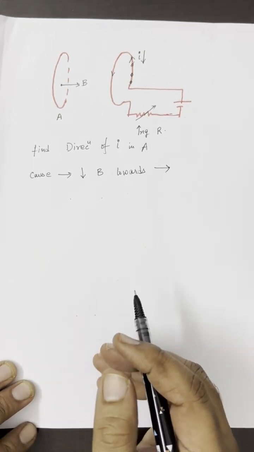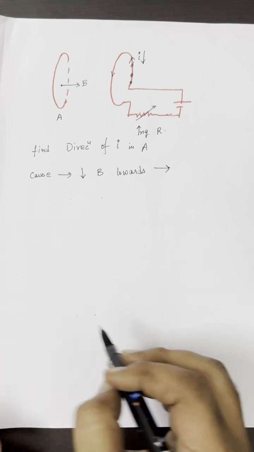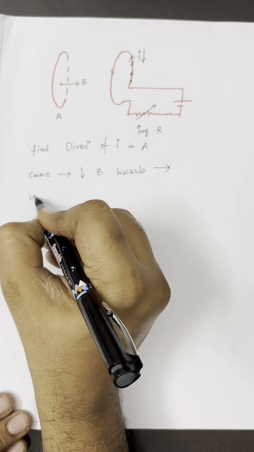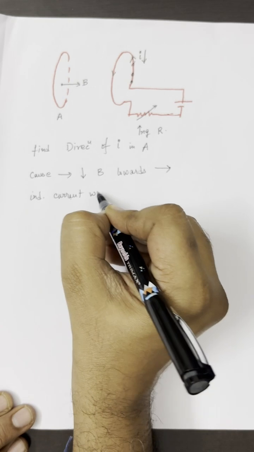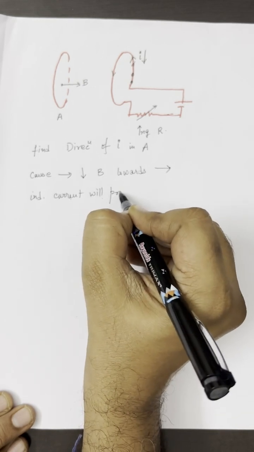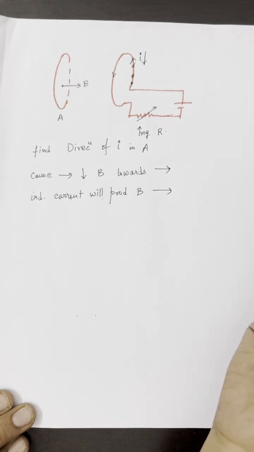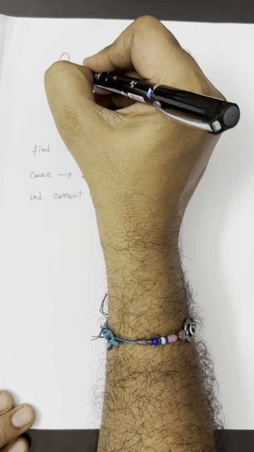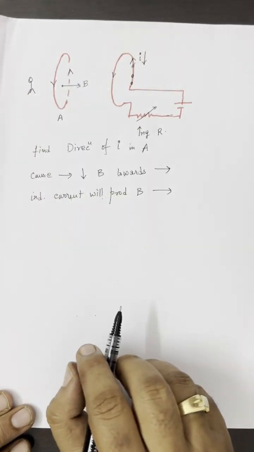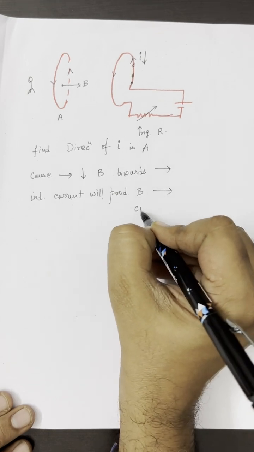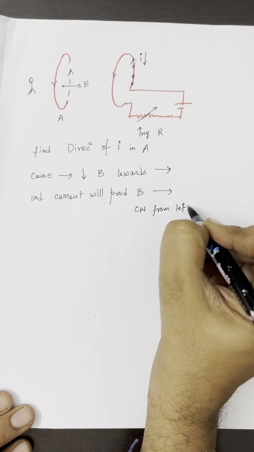So the induced current has to produce a magnetic field towards the right, which is possible if the current in coil A is in this direction. If we see from the left side, it has to be in the clockwise direction. Clockwise as seen from the left of coil A.